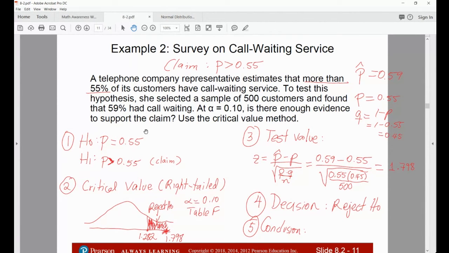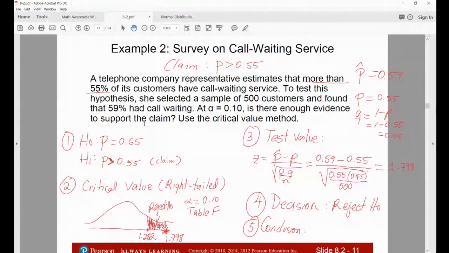So if we reject the null hypothesis, can we support the alternative? Yes. When we reject this hypothesis, it means that we can support the alternative. And in this case, the alternative hypothesis is the claim. So what will be the answer?